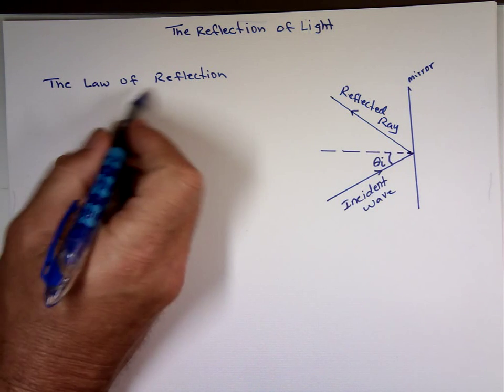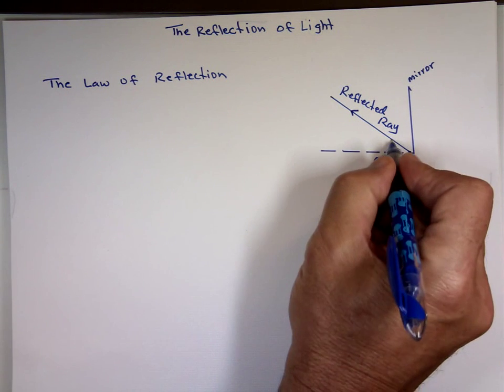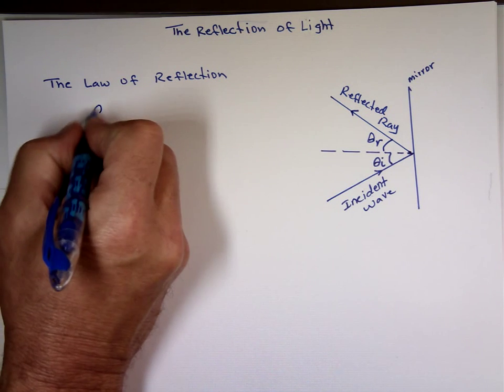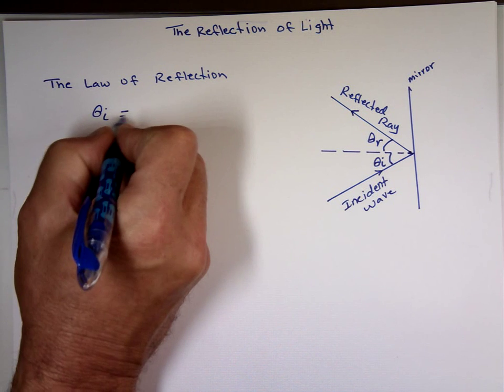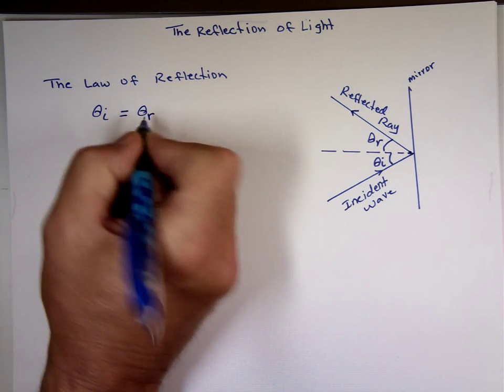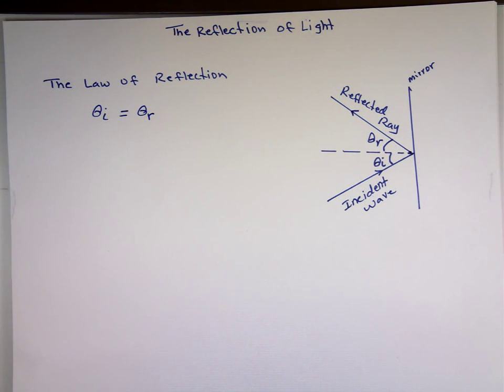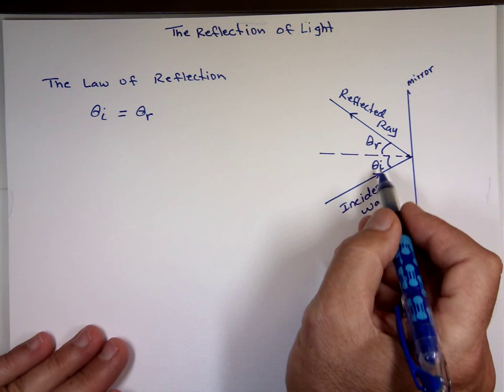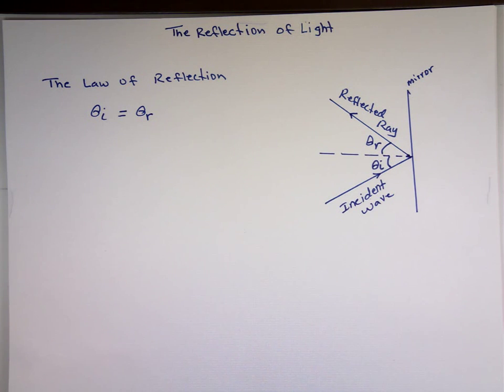And the law of reflection says this angle has to equal that angle. So the angle theta I equals theta R. That's really the law of reflection. If you shine a light at a smooth surface, that light will reflect, and that angle going in should equal the angle leaving.